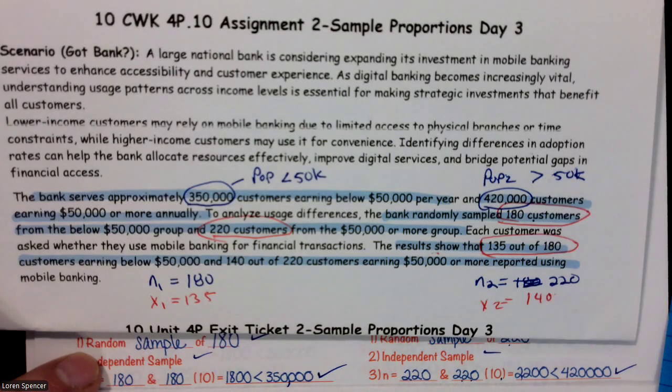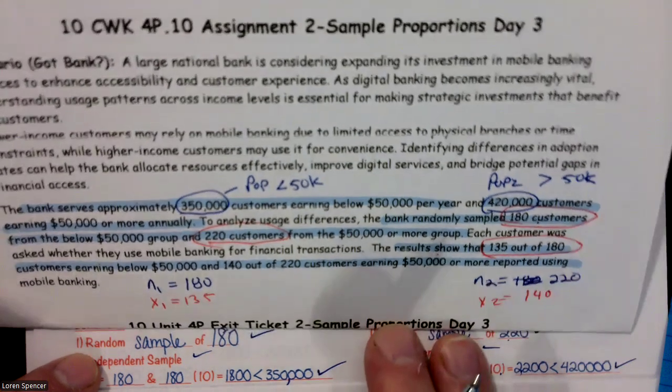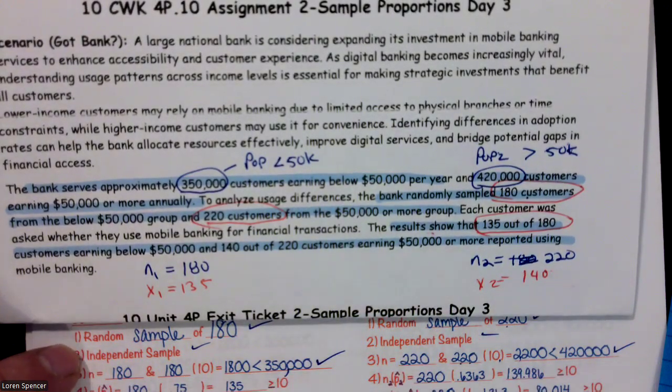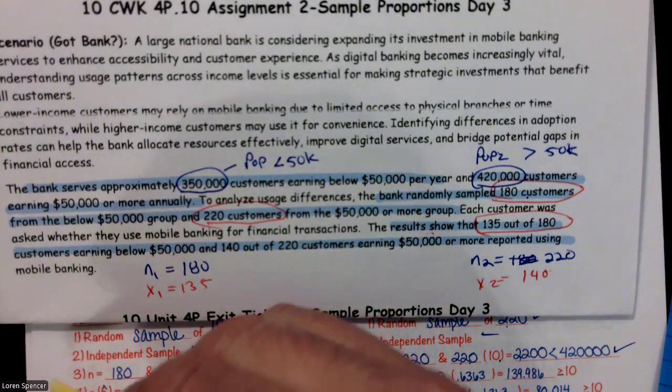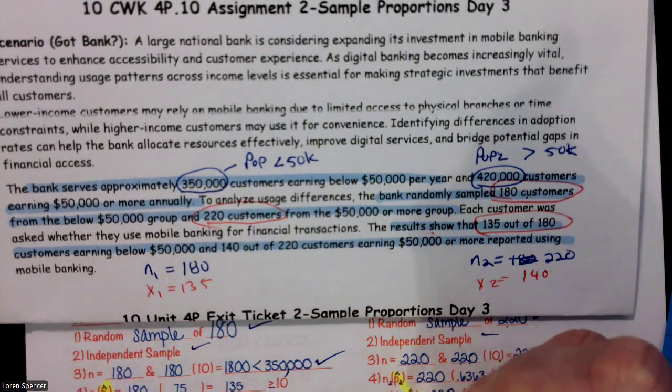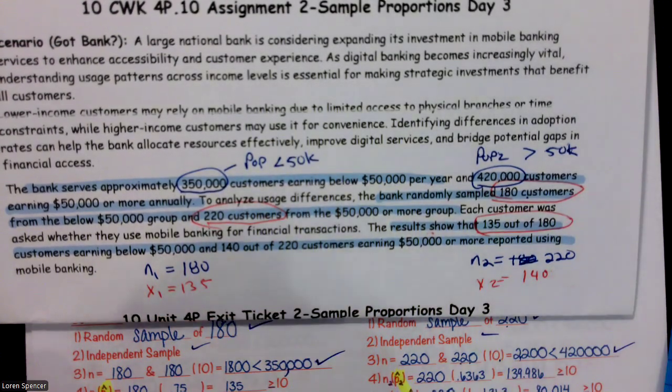So now we know that our sample wasn't too big, but was it big enough? All right. Since it's a confidence interval, please pay attention. We're going to use p hat 1 and p hat 2. Hypothesis test, on the other hand, uses p hat c. So we're going to use p hat 1 and p hat 2.